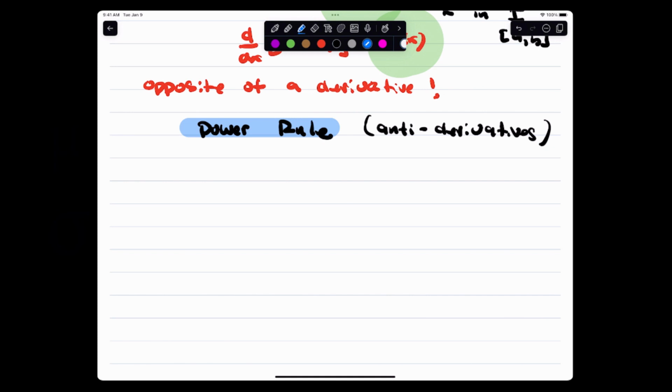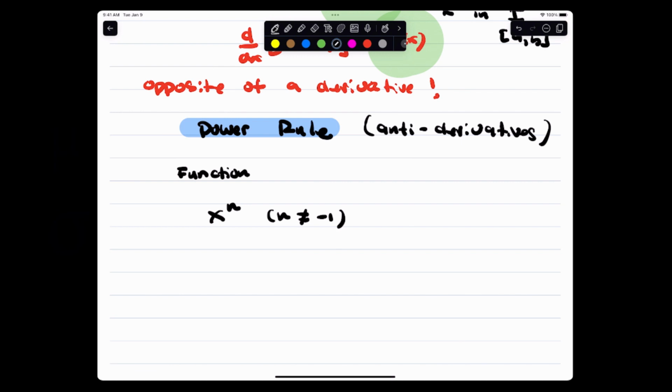Here's the deal. I'm going to write it this way. On the left side, here's your function: x to the n, where n cannot be -1.